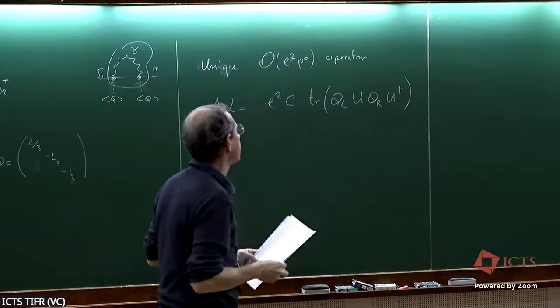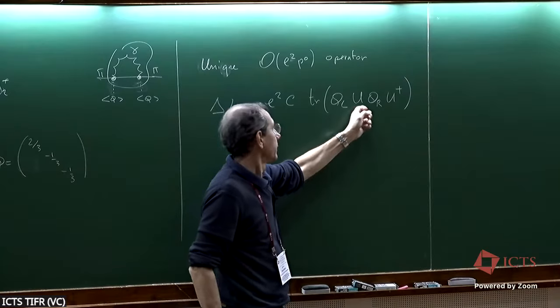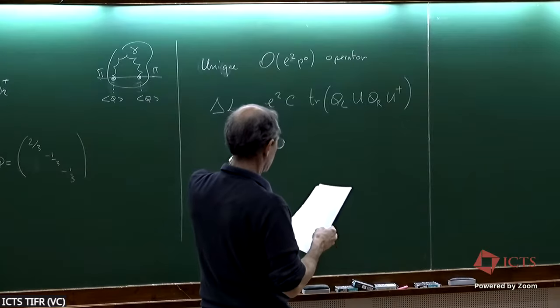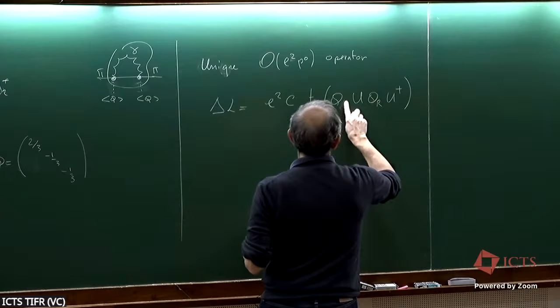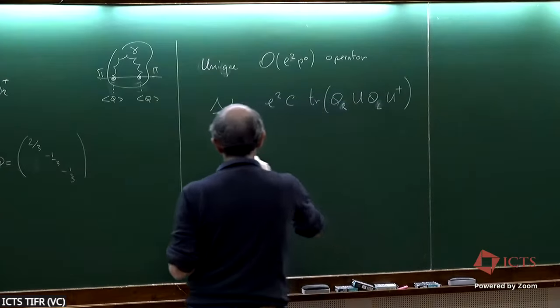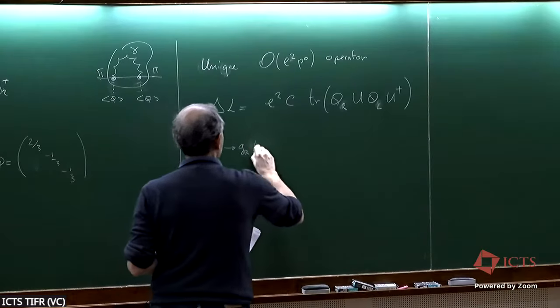This is the only thing that I can build, given the transformation property of U. Did I put it correct? Sorry, our U transforms as G_R U.